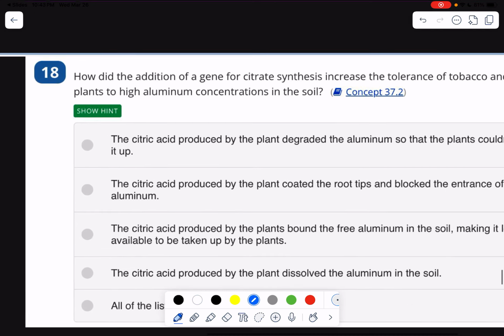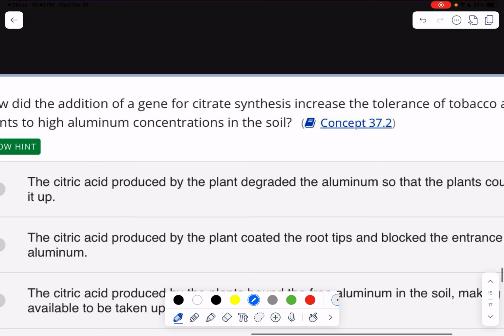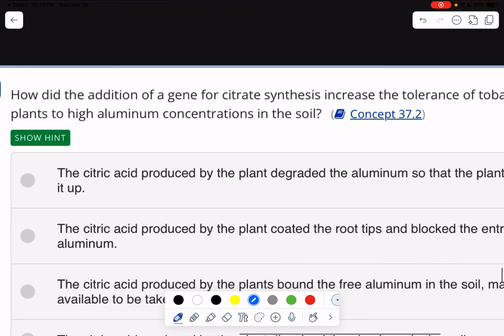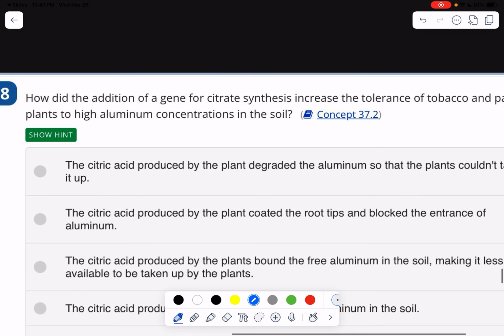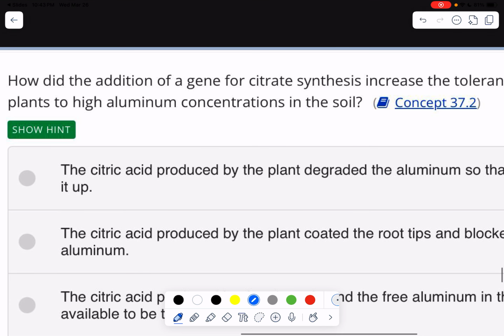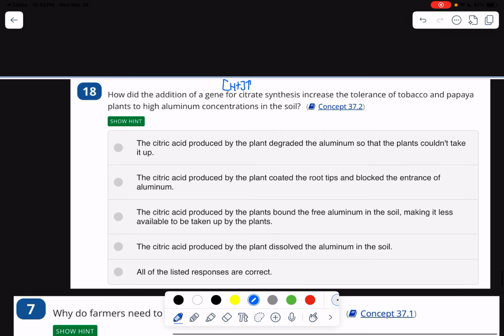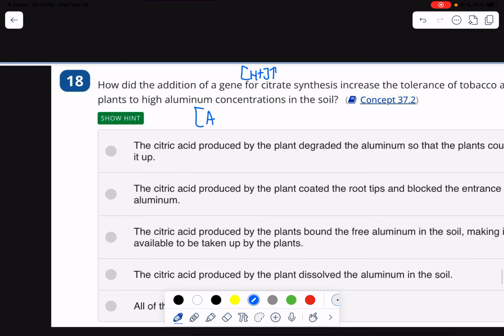Okay, so remember, citrate is an organic acid, so that means it's going to decrease the pH. And that means that it will increase the hydrogen ion concentration. And so it increases the tolerance of tobacco and papaya plants to high aluminum concentrations.